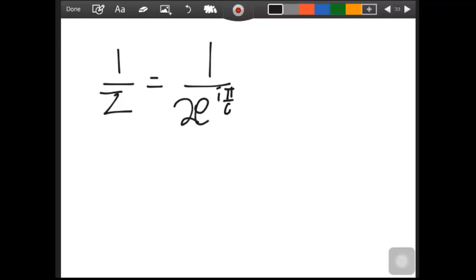So kita akan sama dekat 1 per 2 exponential negatif lah.